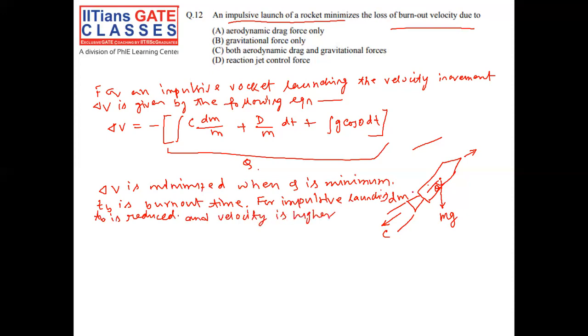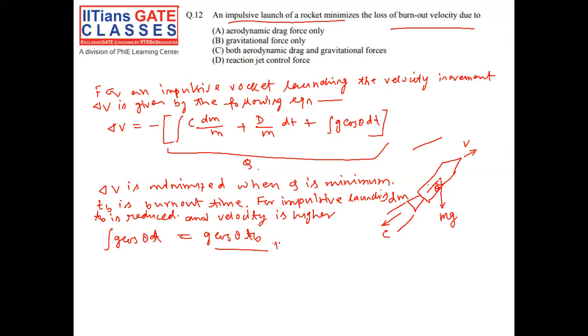So this velocity is the velocity of the rocket, this V. Now, if we see each of these terms inside of Q, the gravitational force term, the integration of g cos theta dt will give g cos theta Tb, right? And since the burnout time is reduced due to impulsive launching, this term will reduce.